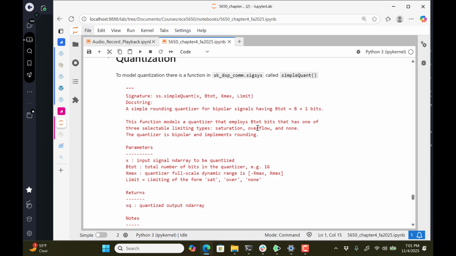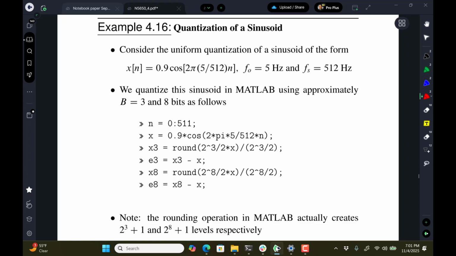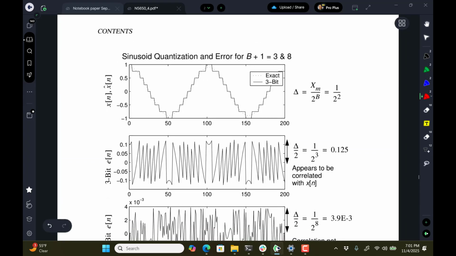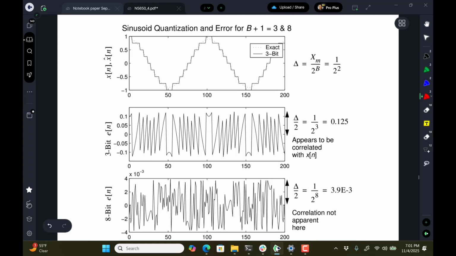Okay, again, back over to here. The point of this example was to say, okay, there's our sinusoid with 3-bit quantization, and 8-bit quantization is dashed. This is a kind of crude-looking picture. I know I could do much better in Python, but the quantization error is hovering over a range that corresponds to plus and minus delta over 2, just like we've been talking about for the 3-bit.